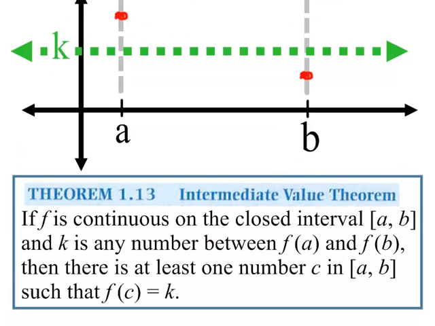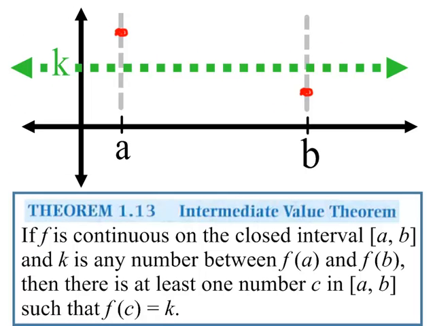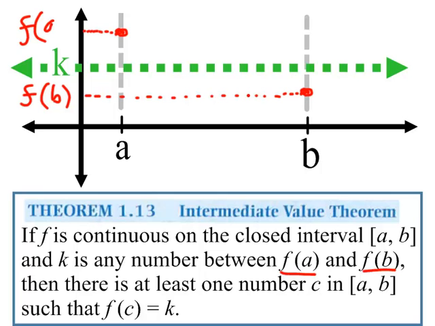All right, scroll down a little bit here. So where are f of a and f of b in this problem? Well, a and b are x values, and f of a and f of b are their respective y values. So I always encourage you to draw sketches like this to really envision what these wordy theorems are talking about. And we see that k is a number on the y-axis that is between f of a and f of b.